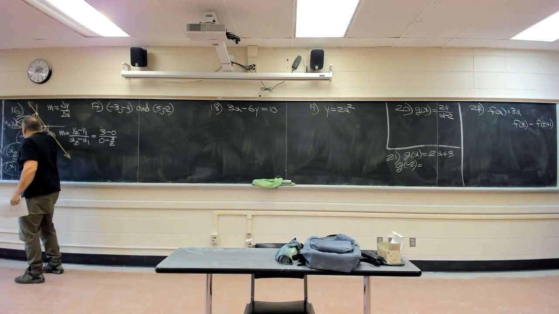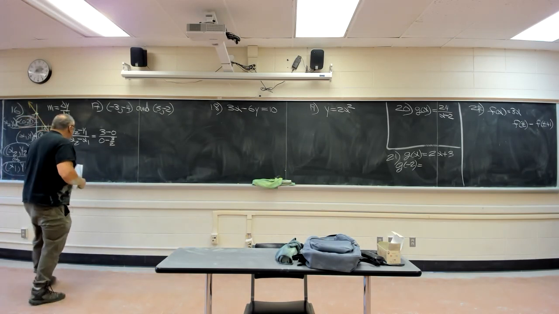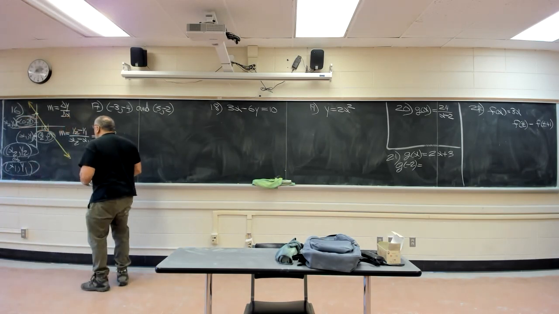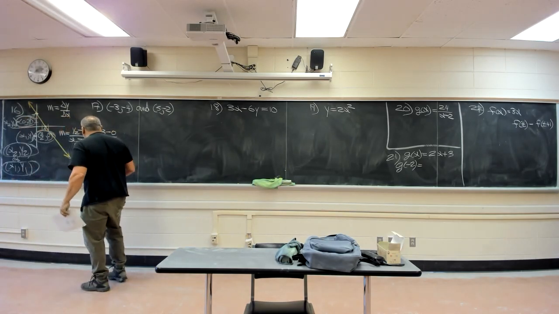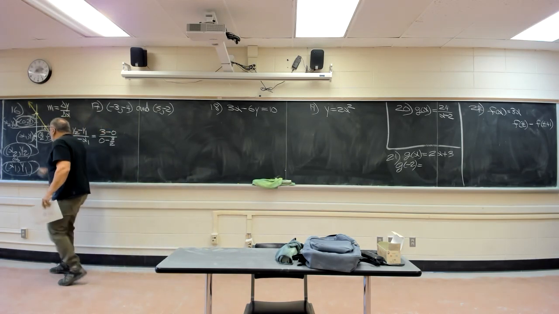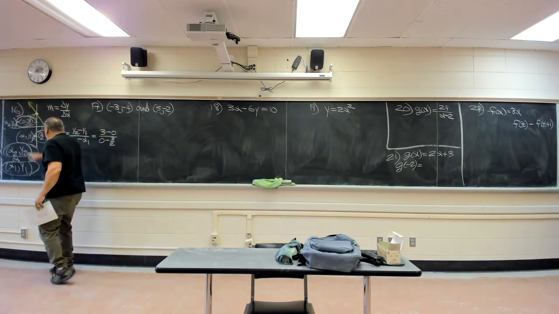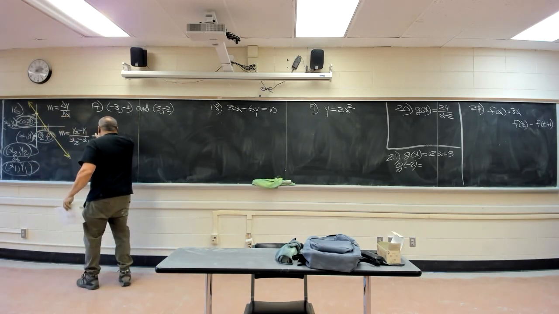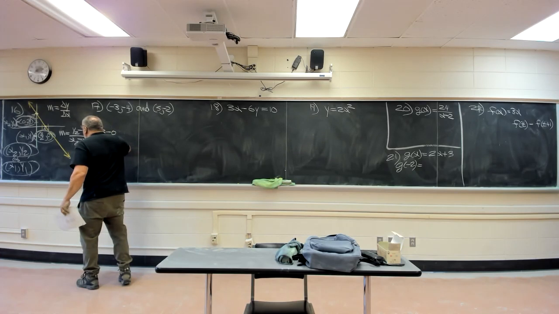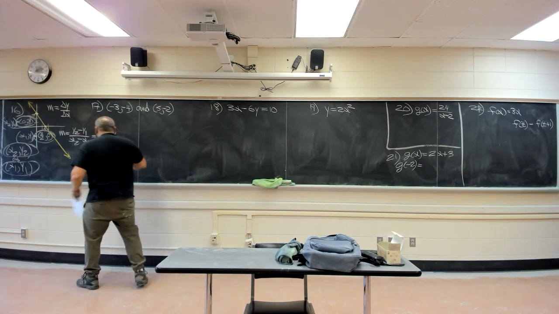X sub 2 is 0. Y sub 2 is 3. X sub 1 is 3/2. Y sub 1 is 0. So you're doing this in the order you're supposed to do it. Y sub 2, 3, y sub 1, 0. X sub 2, 0, x sub 1, 3/2.